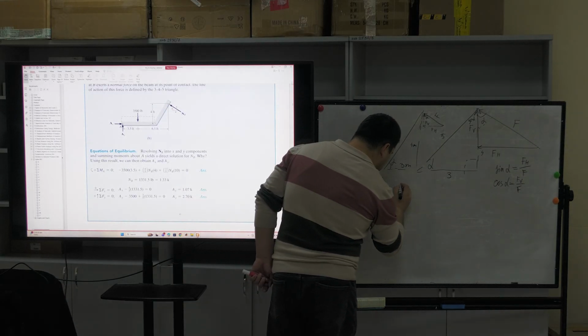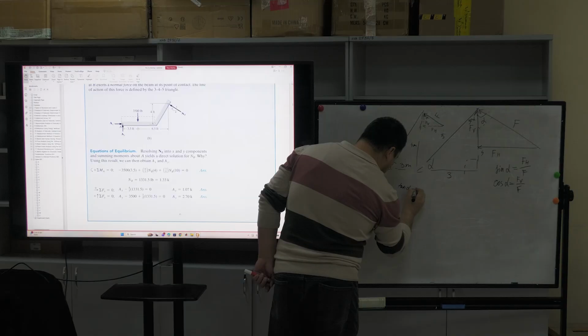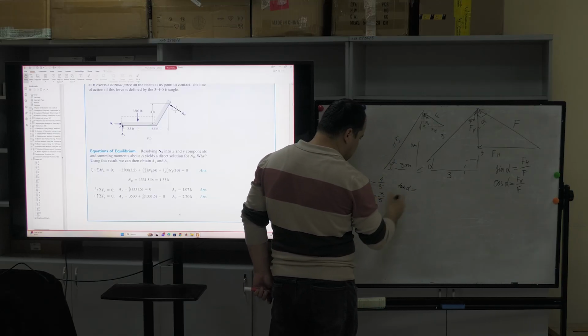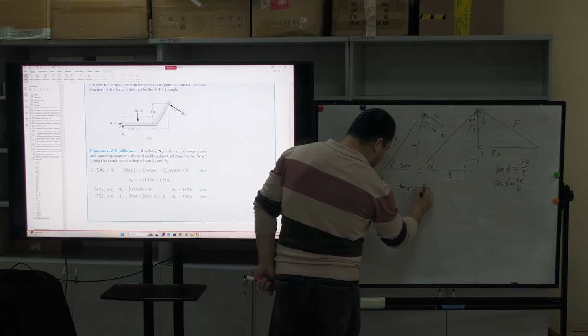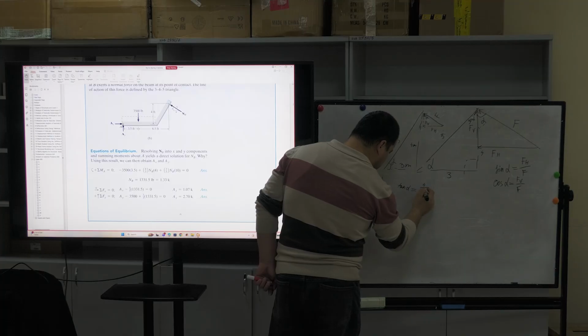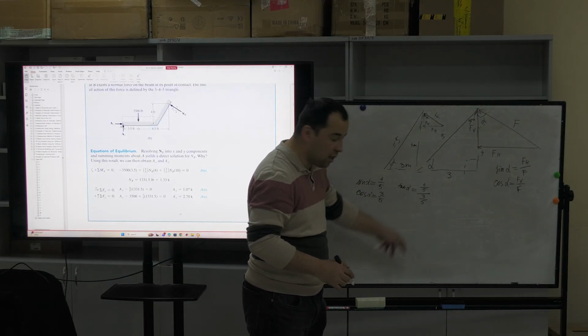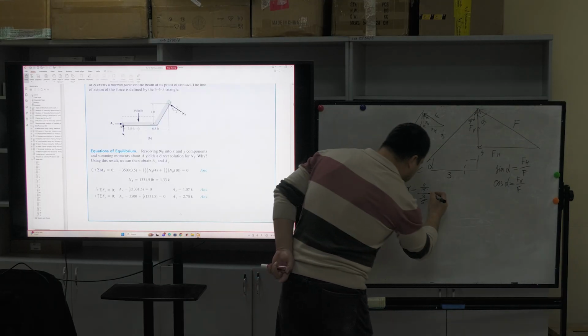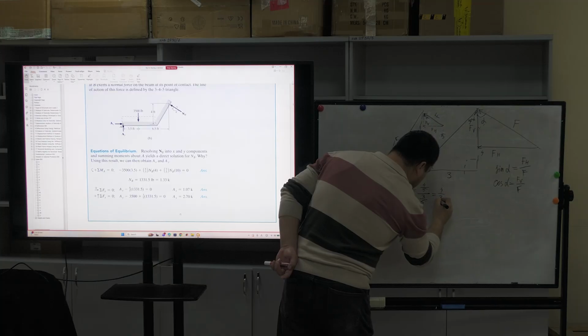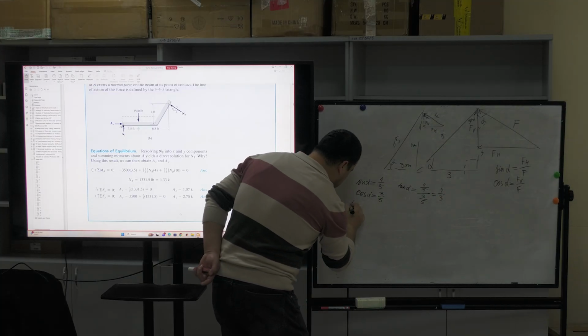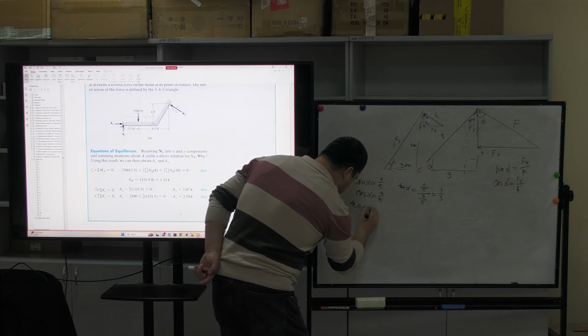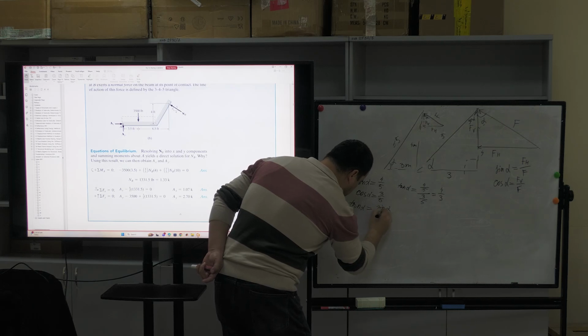So tangent alpha is 4 over 5 divided by 3 over 5. The 5 cancels, and what remains is 4 over 3. Tangent alpha is equal to sine alpha divided by cosine alpha.